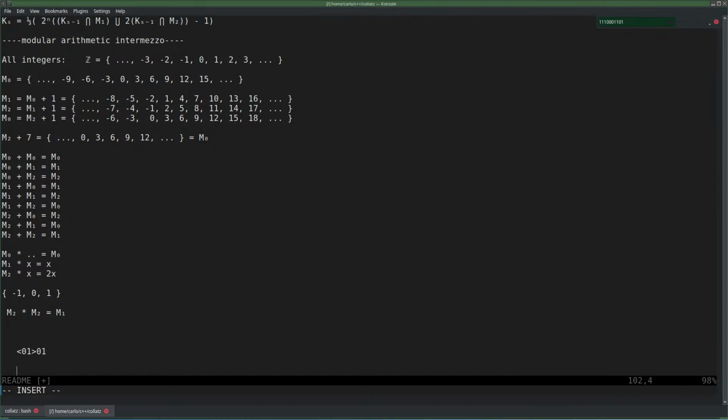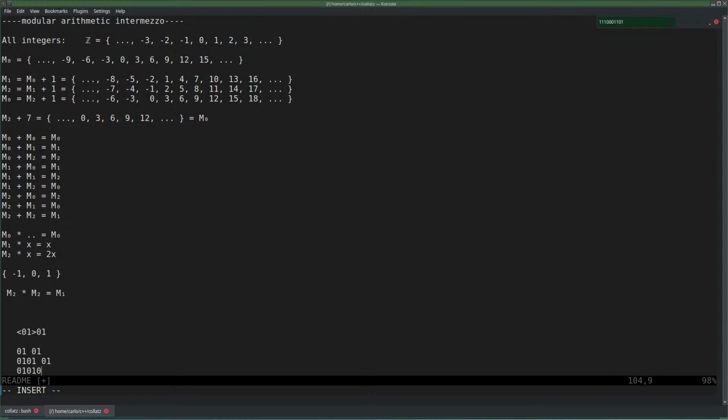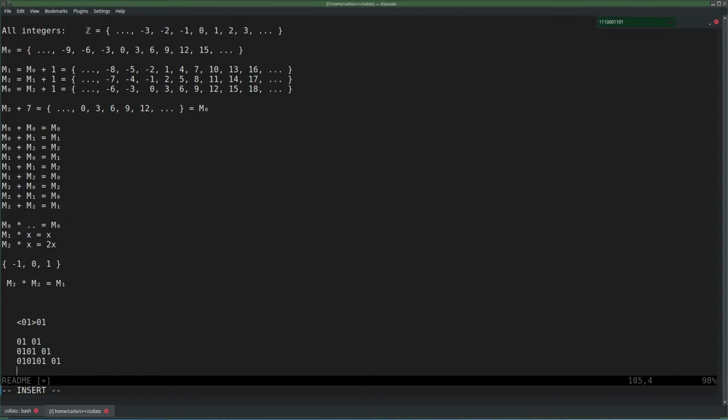So I have 0, 1, 0, 1, or 0, 1, 0, 1, 0, 1, and or 0, 1, 0, 1, 0, 1, 0, 1, and so on. But the repeat must be at least this. So I cannot put 0 repeat of 0 around it unless I add at least 1.